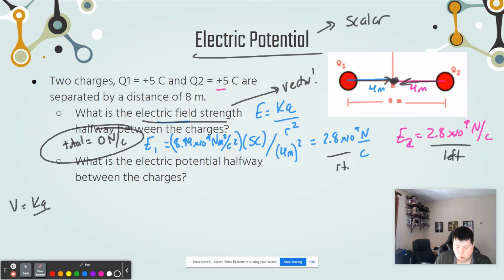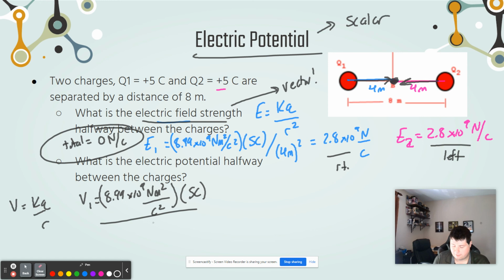Voltage is KQ over R. So the voltage from the first one would be K, 8.99 times 10 to the ninth newton meters squared per coulomb squared, times the charge, 5 coulombs, divided by the distance, 4 meters. Don't square it because there's no square in this one. And I get 1.1 times 10 to the 10th volts, which is very large.